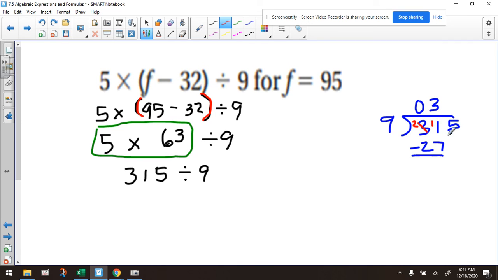This is an 11 now. 11 minus 7 gives you the 4. This minus this gives you nothing. So let's bring down that 5. And 9 goes into 45 5 times. 9 times 5 gives you the 45, and it works out evenly. All right, so the answer to 315 divided by 9, or the quotient of these two numbers, is 35.